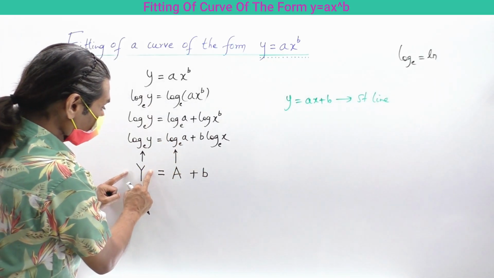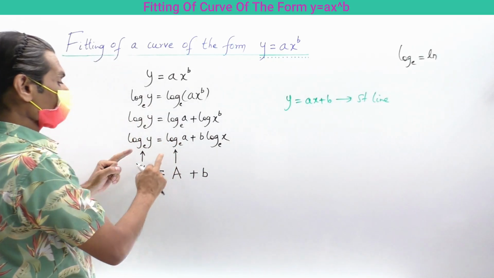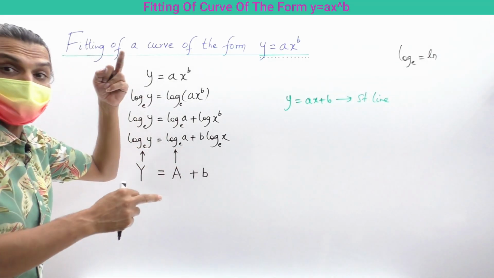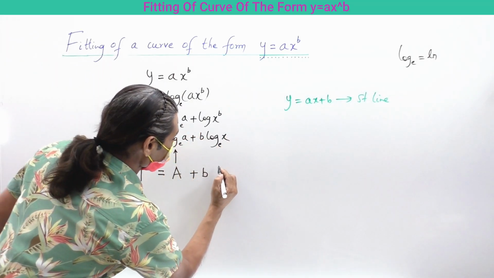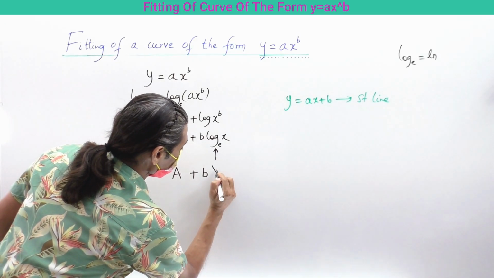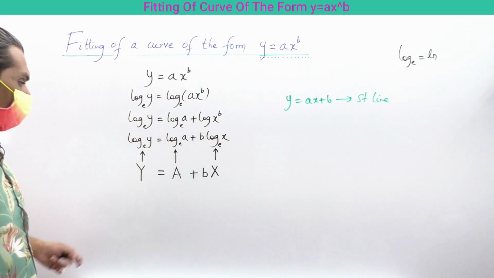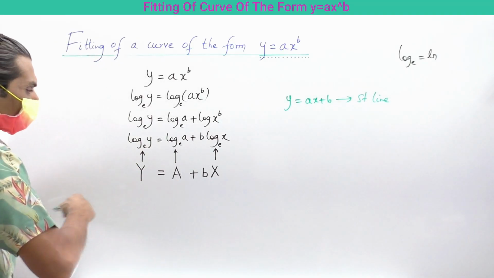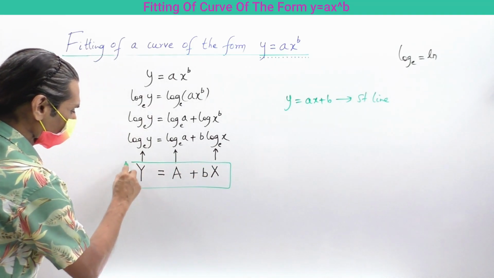Now, capital Y is equal to log y to the base e, we have taken this capital A plus b as it is, and I will take log x to the base e as capital X. Now, we have capital Y and capital X. Now, this is the form of a straight line.